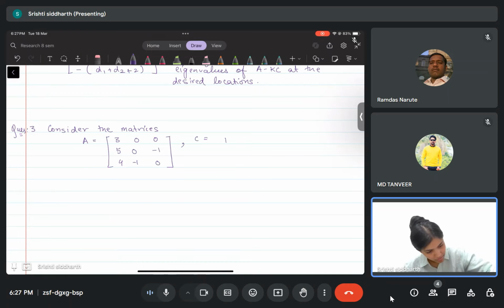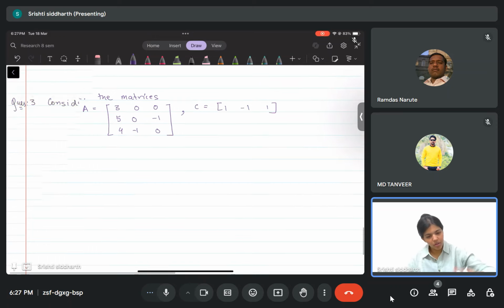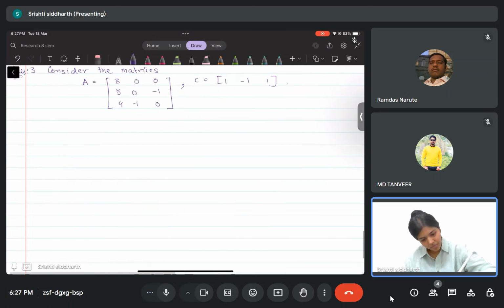And we have C as 1 minus 1 5. So we have two parts to this question. First one is to verify whether the pair C, A is detectable.